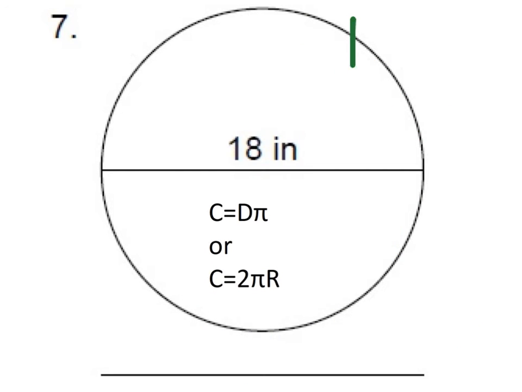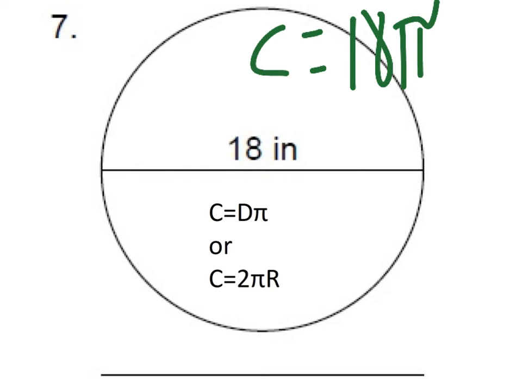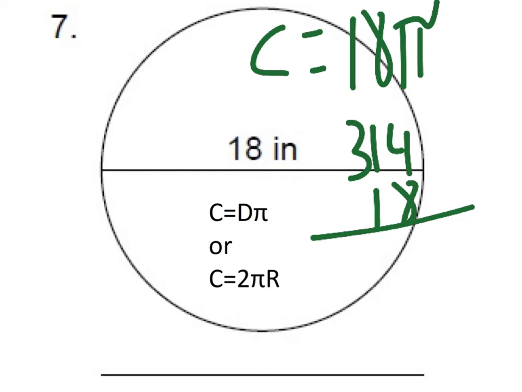All right, so we're just going to do this quick for the sake of time. 18 pi is the circumference. Pi is 314 once we move the decimals twice to the right. I'm multiplying by 18. 8 times 4 is 32. 8 times 1 is 8, plus 3 is 11. And then 8 times 3 is 24, plus 1 is 25.